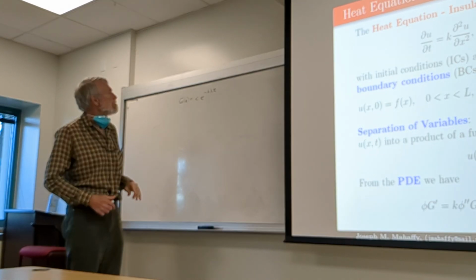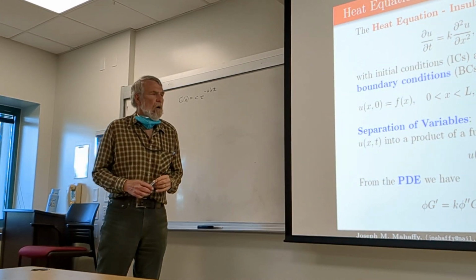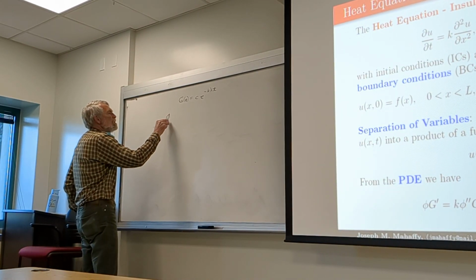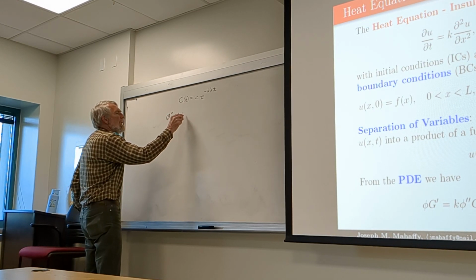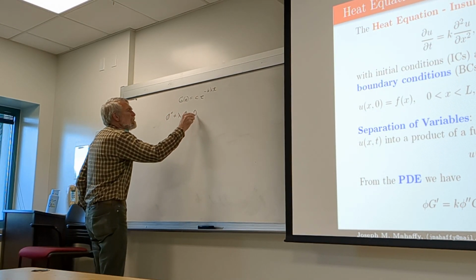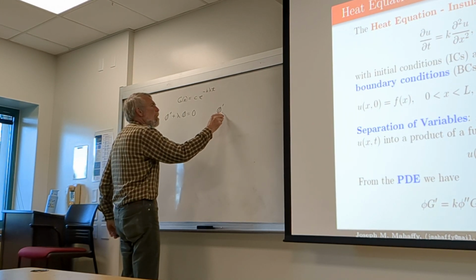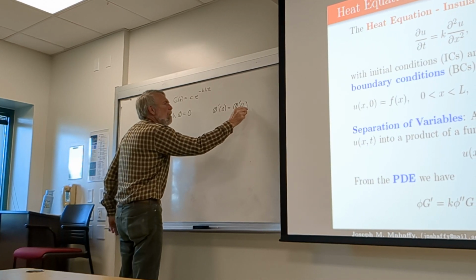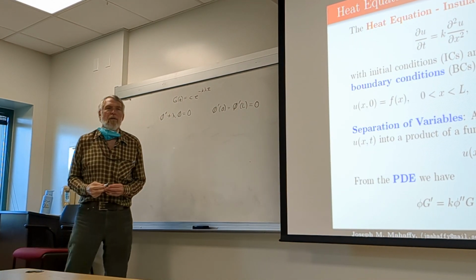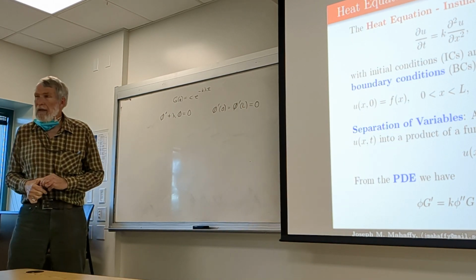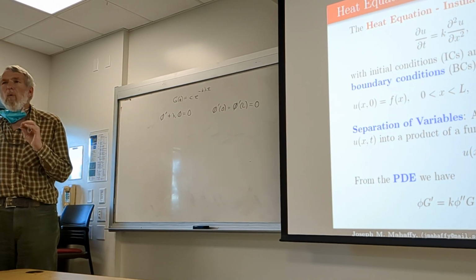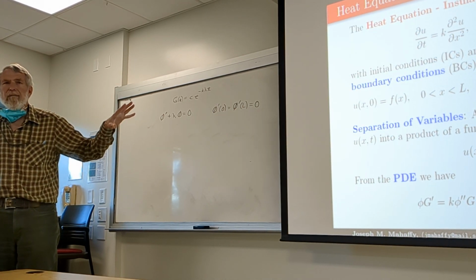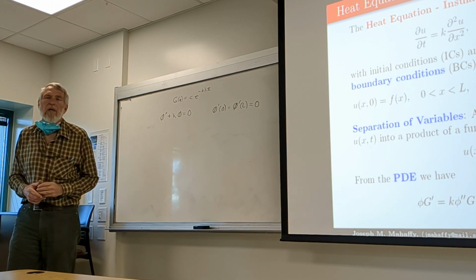All right? Okay. So, the other problem we were looking at was phi double prime plus lambda phi equaling 0, and we have that phi prime of 0 is equal to phi prime at L is equal to 0. Okay, again, one of the things that's important is you've got to focus on the specifics of the boundary conditions. And they're going to make a difference as to what happens.